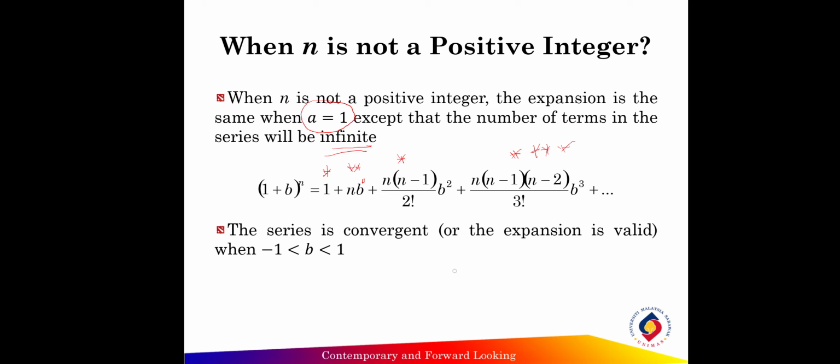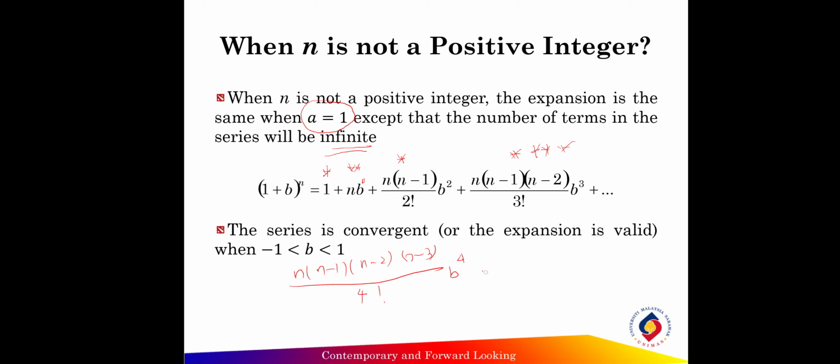I can also go on for b power of 4, whereby you have n, n minus 1, n minus 2, n minus 3, so you have 4 brackets, so 4 factorial.